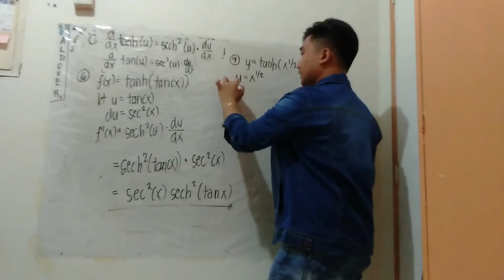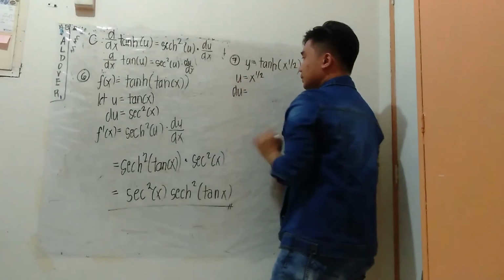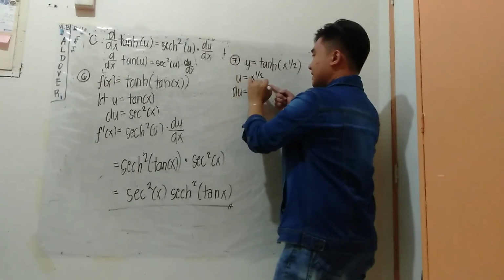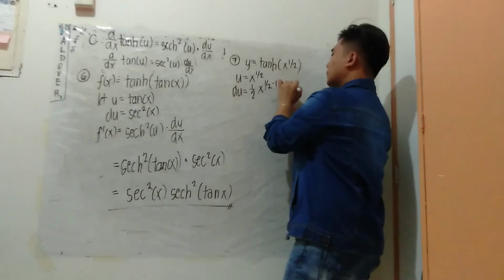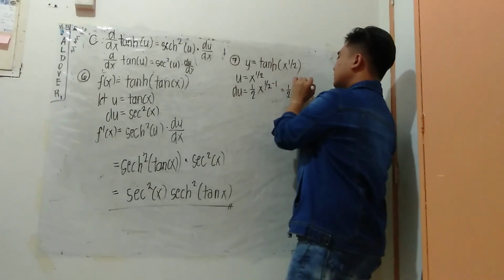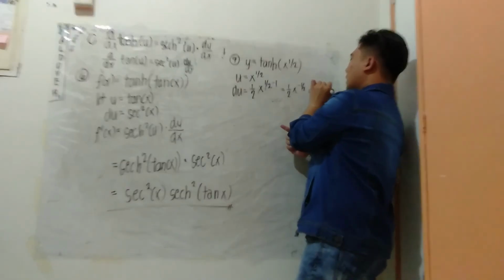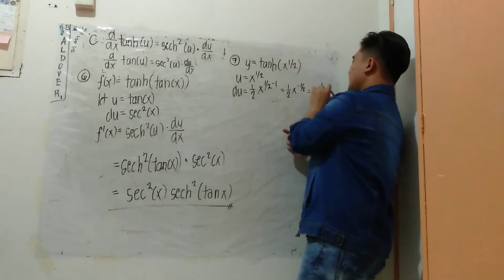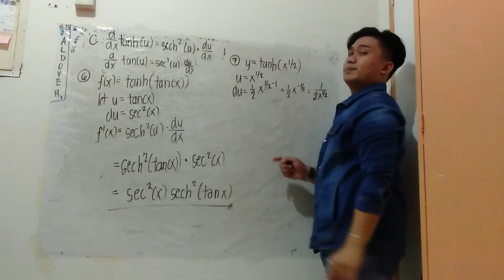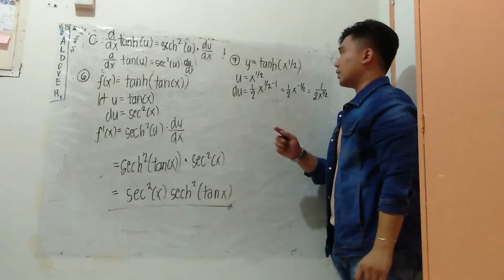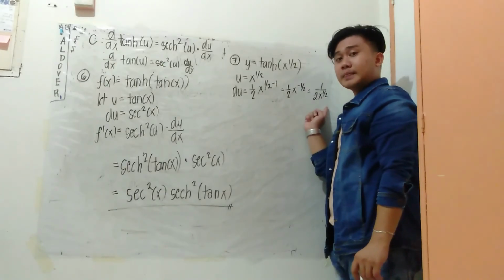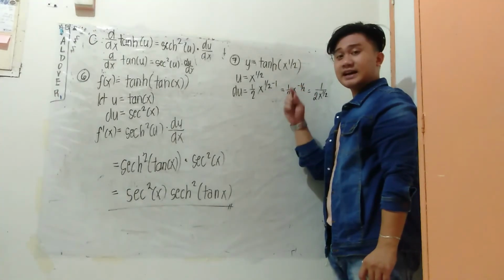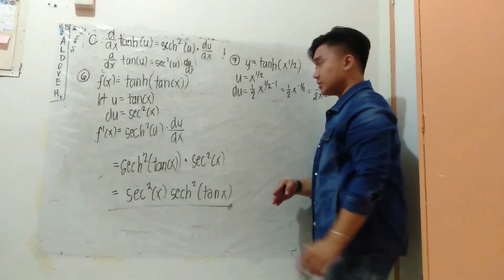Tama? du is equals to, bababa si 1/2, bawasan mo ng isa yung 1/2. That is equals to 1/2 x raised to negative 1/2 or simply 1/2 x raised to 1/2. Okay, since yung given ko ay exponential, huwag mong gawing radical ha. Kapag exponential, exponential throughout the solution.